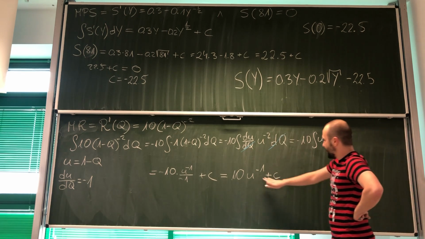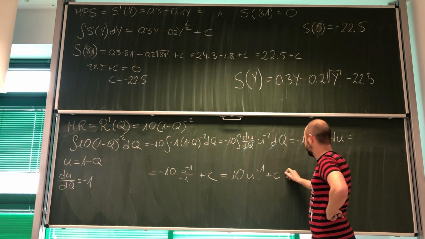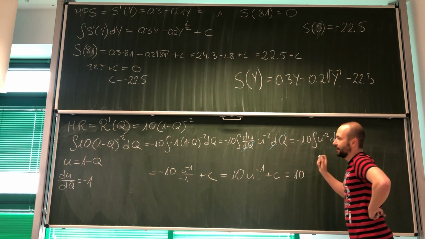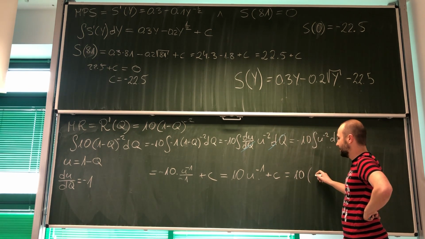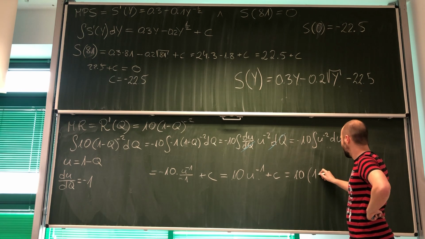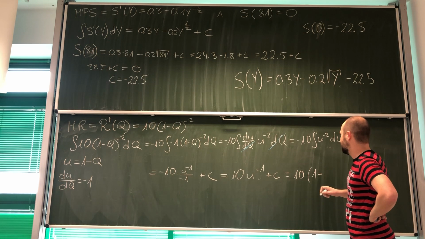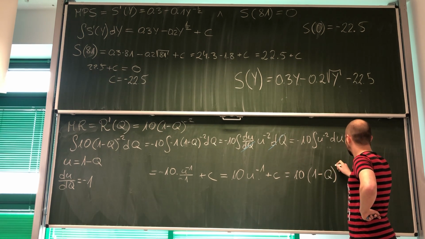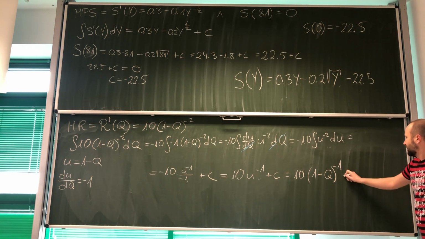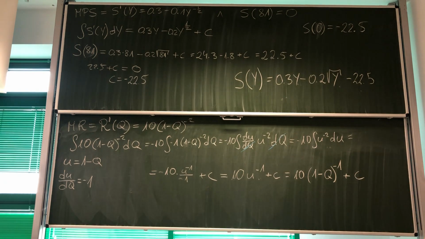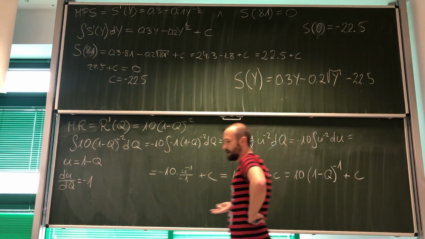Okay, so now we can substitute back for u, and this will give us 10 times (1 minus q) to the power negative 1 plus c. Okay, so we've done this first part, the mechanical part.